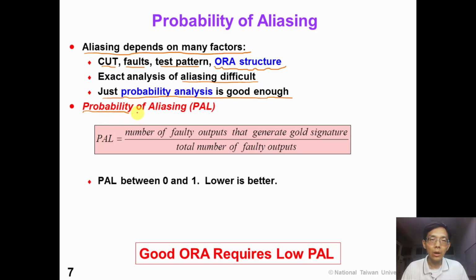The probability of aliasing can be defined by the following equation. PAL is equal to the number of faulty outputs that generate the good signature over the number of total faulty outputs. This number is between 0 and 1. A good ORA has very low probability of aliasing.